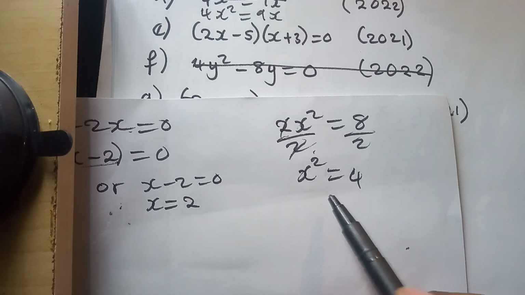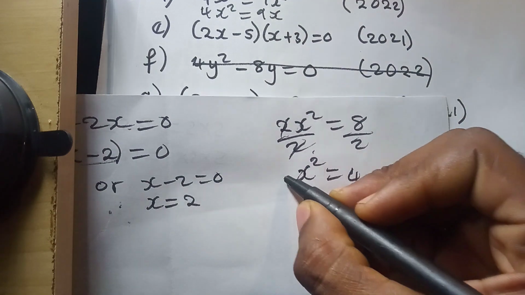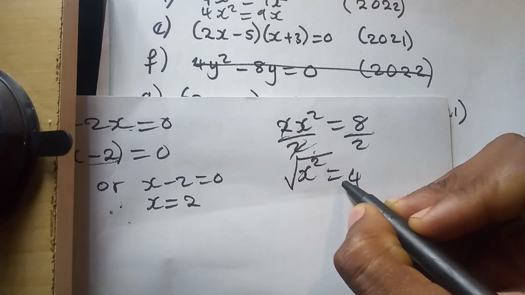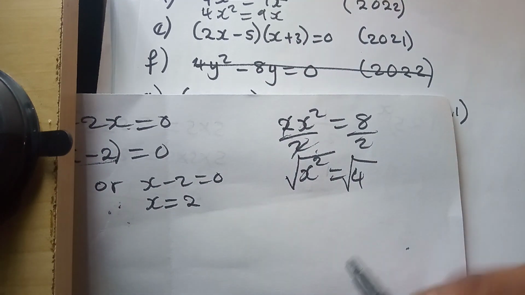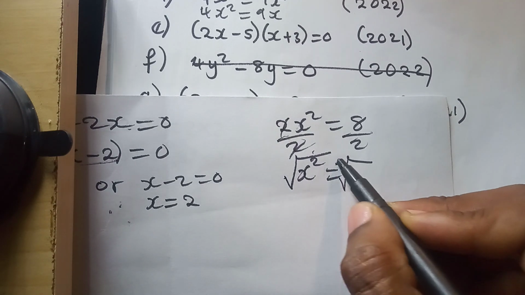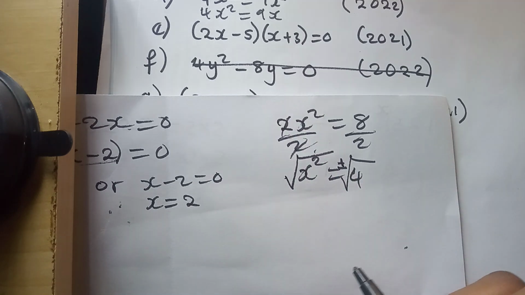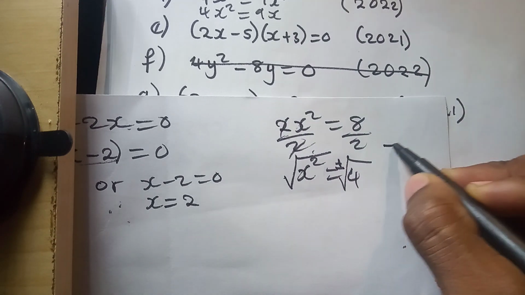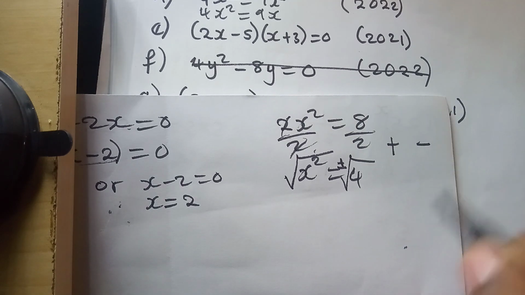But the easiest method here is to introduce the square root on both sides, since we have a square there. And then once you introduce your square root this side, you can say plus or minus, which means your answer can either be positive or negative.